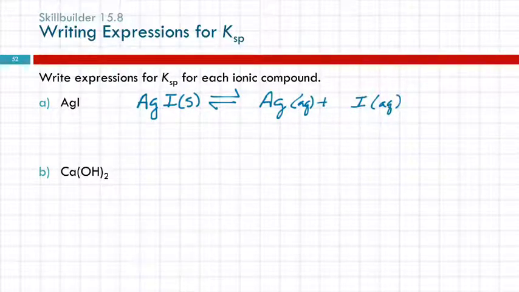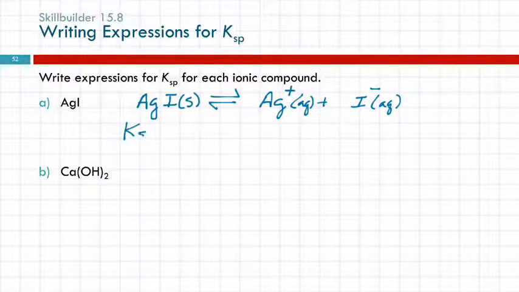And they're going to have charges. Silver is always +1, iodide is always -1. So group 1A, 2A, 3A, zinc and silver. Silver is always +1. You could figure that out even if you didn't remember that by looking at the charge on this.